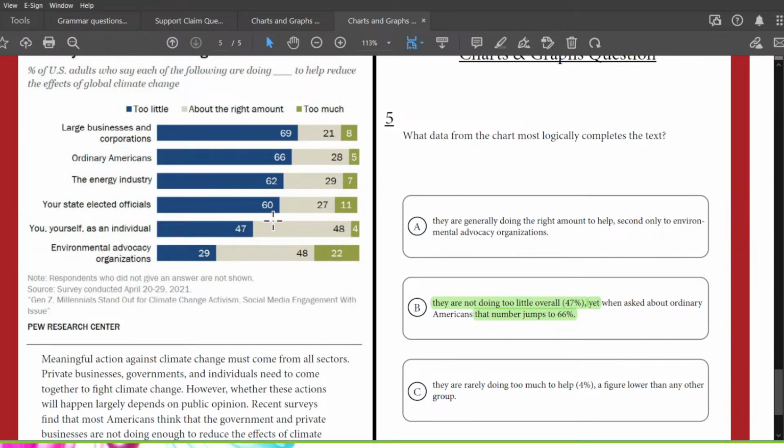If you're one of the ordinary Americans, why do you think that you're doing so good and everybody else is not? Because that's a pretty big jump to go from 47% saying too little, meaning most people did not say that they personally were doing too little. Most people said they were doing the right amount or perhaps even too much. Also, who the heck is answering too much to this question? There's no way you could be doing too much for the climate. Come on, knock it off.